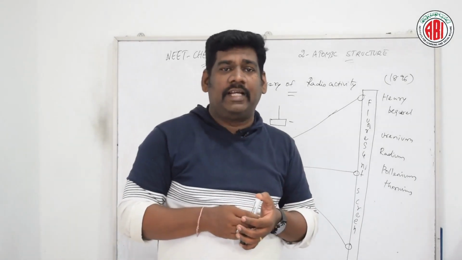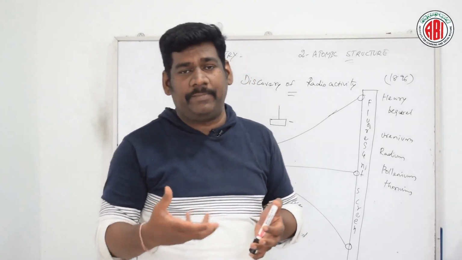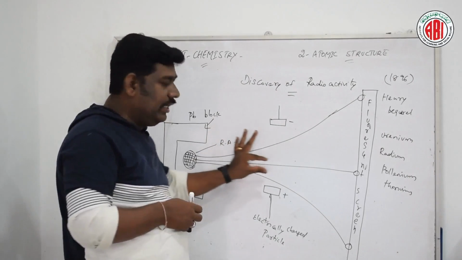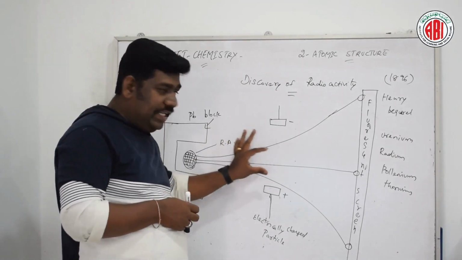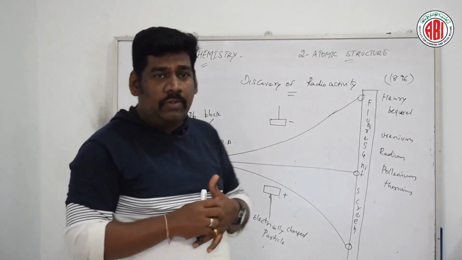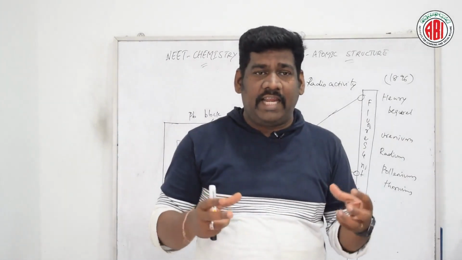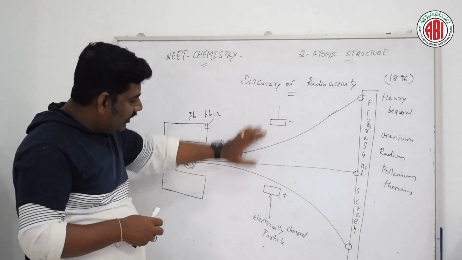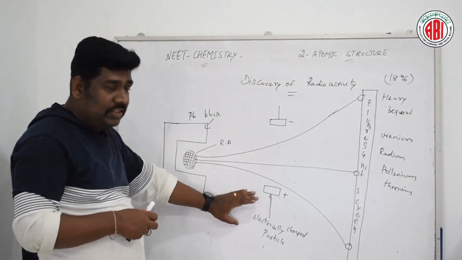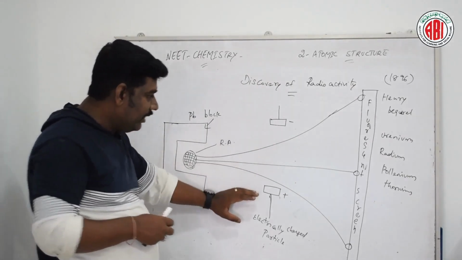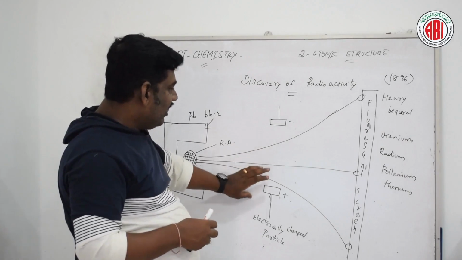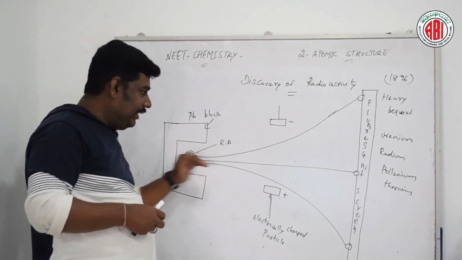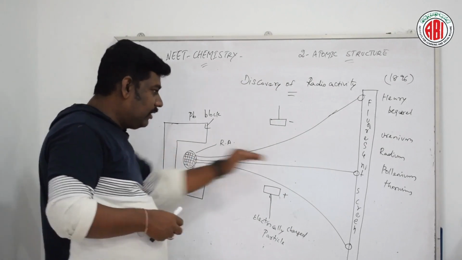The radioactive radiations come out through a narrow slit, and these radiations are allowed to pass through a strong electric or magnetic field. Here we kept two electrically charged plates, positively charged and negatively charged. Through this narrow opening, the radiation is able to pass.